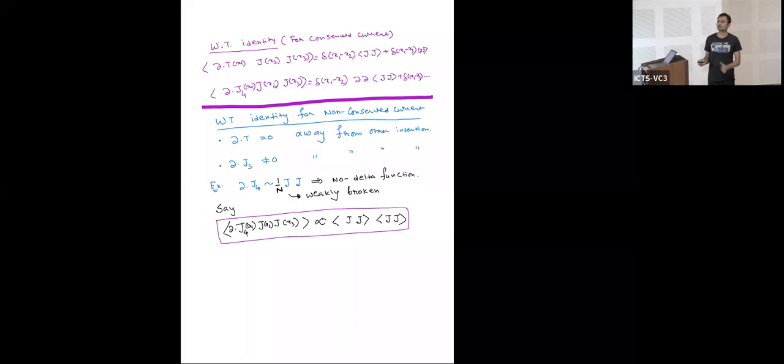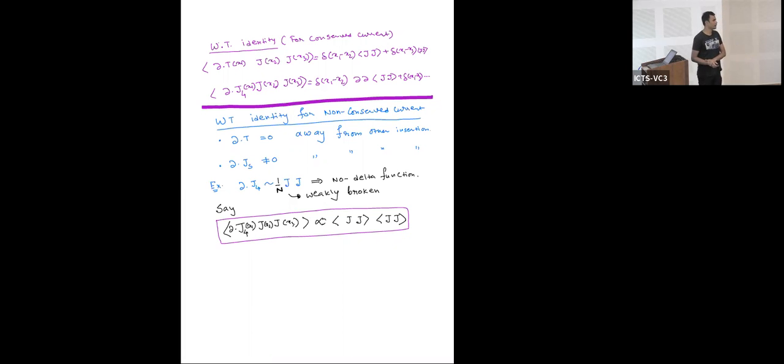So this is non-zero everywhere. If I try to calculate the Ward-Takahashi identity in the large N limit, this will become a product of two different 2-point functions. Okay, this is a very important distinction that will be useful later.